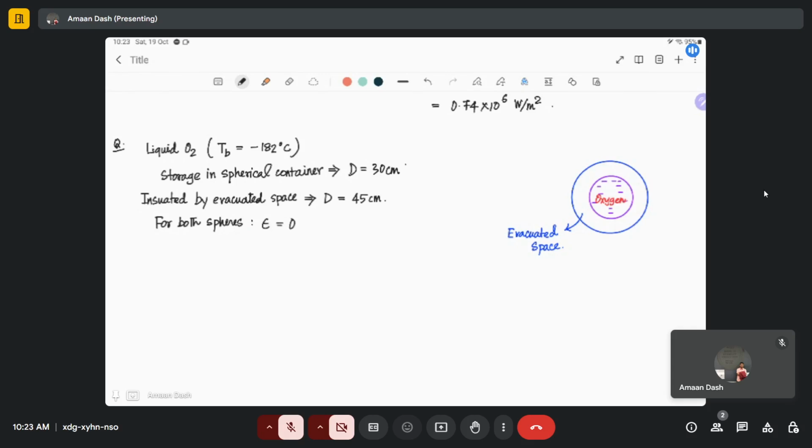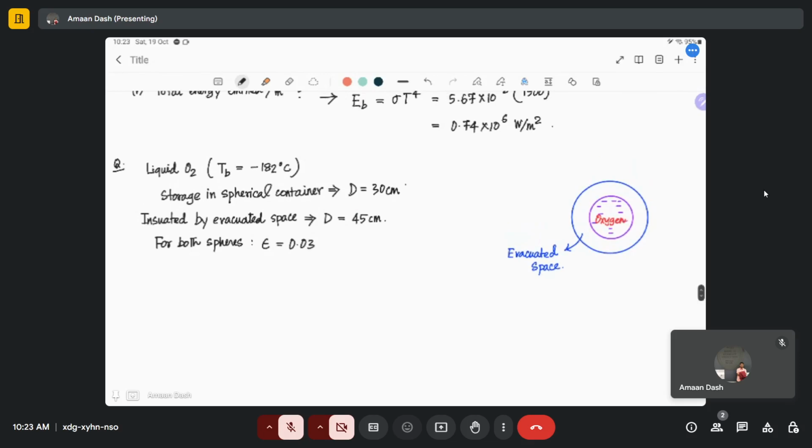That means this one and this one, both of them, have the emissivity of 0.03.